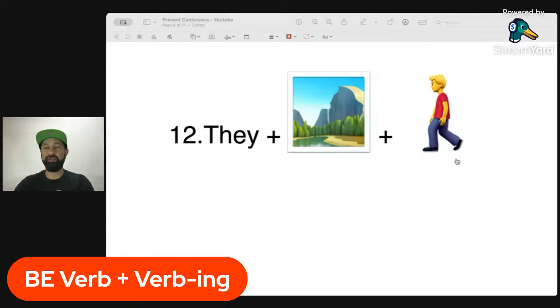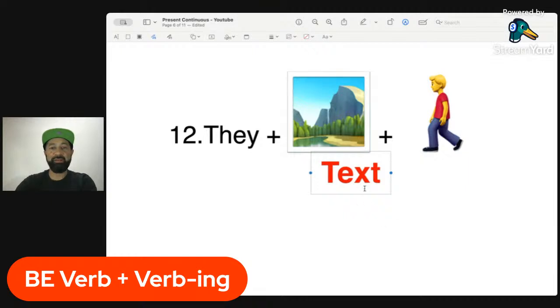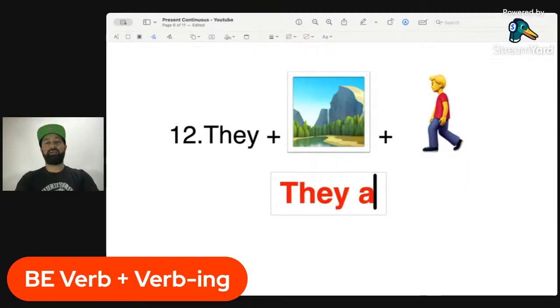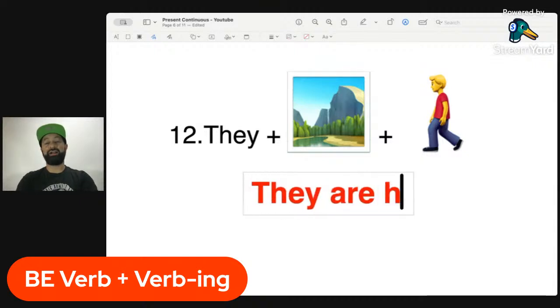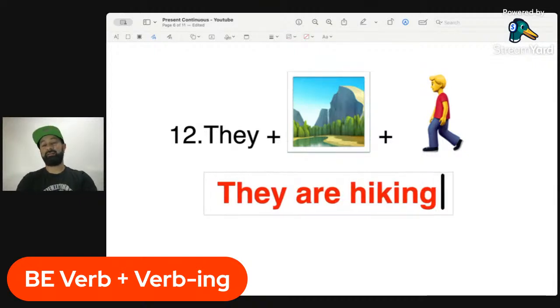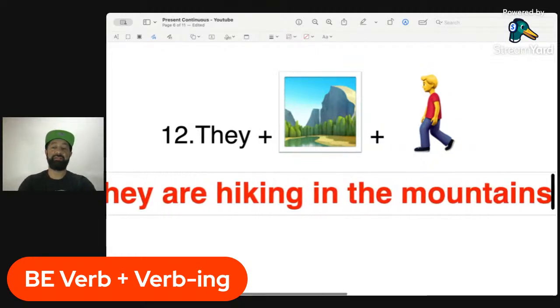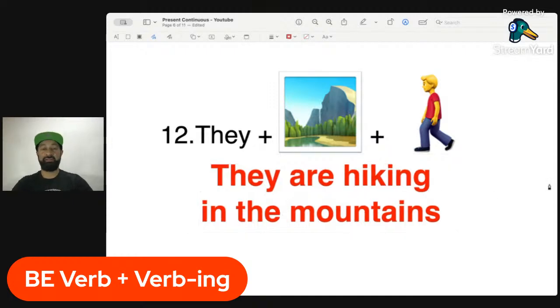All right, my choice here. I see a mountain. Our subject is they. They are hiking. And then I might say in the mountains. Okay, they are hiking in the mountains.